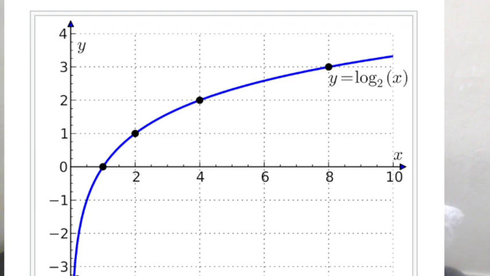It's asymptotic to the y-axis. That means it never intersects with the y-axis, but it gets closer and closer to the y-axis infinitely. Infinitely. And that is infinity. So that line goes to infinity.